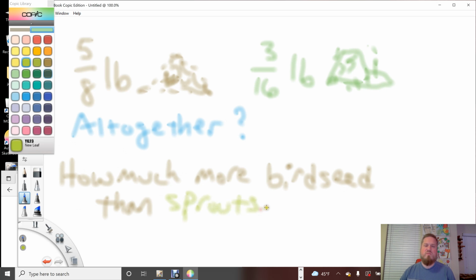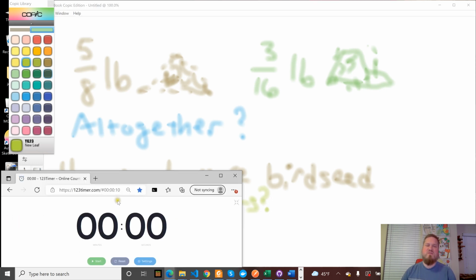So these are two separate problems. And here's your 10-second timer to pause and then come back once you've figured out the question.